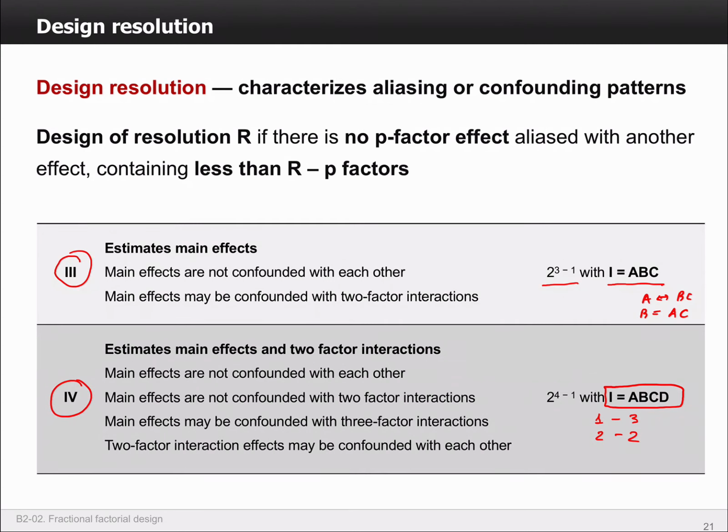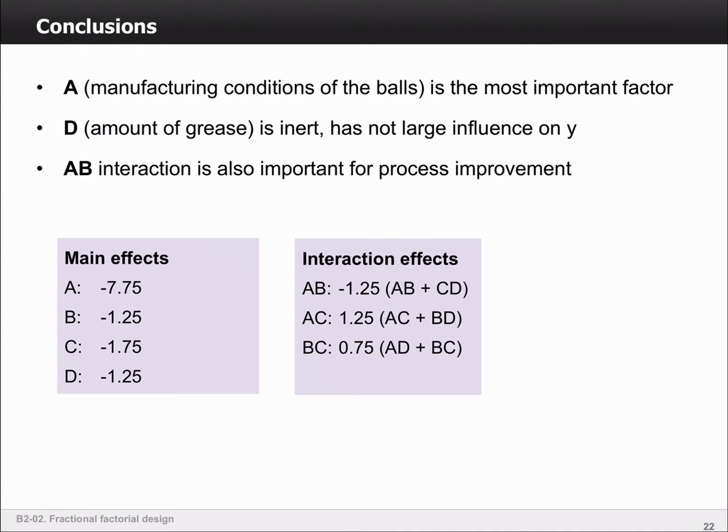Okay. So now if we get back to our example, you can see that indeed, because we use this relation, you remember D is ABC. If we multiply both sides by D, we will have DD equal to ABCD. And then you know that this is the identity, the vector with pluses only.